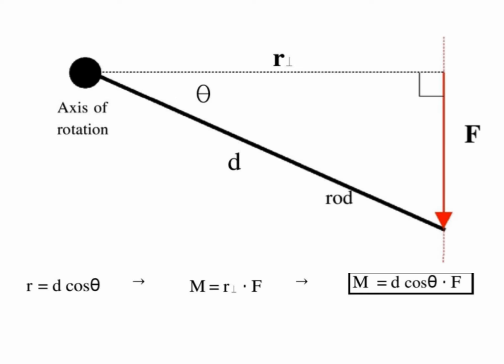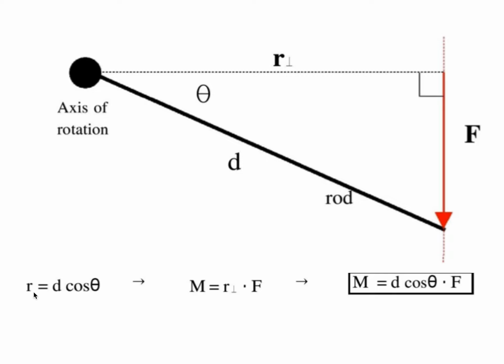But what if there is a certain angle, so the force is not perpendicular to the stick? If you remember, the definition of moment arm is the perpendicular distance between the axis of rotation and the force. So in this case, it's this R. It's not D here. So it's no longer the distance along the stick. It becomes this length, which is D cosine theta.